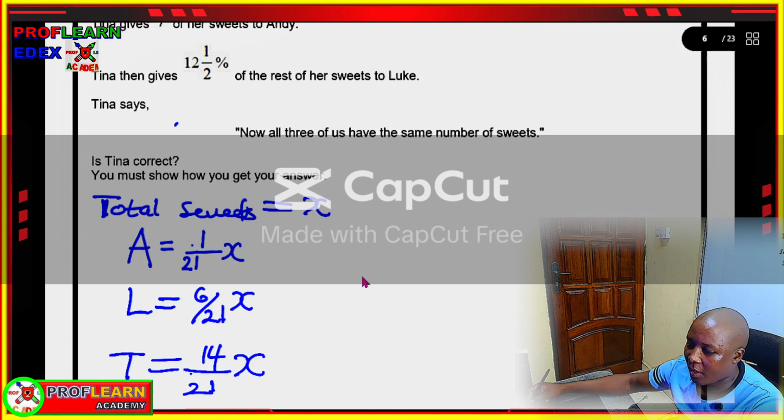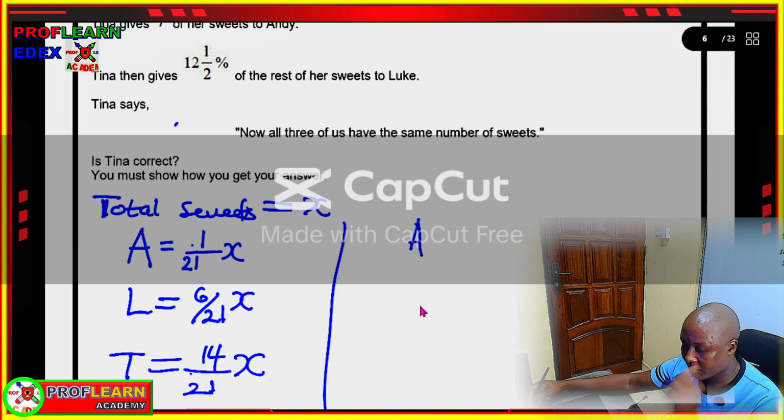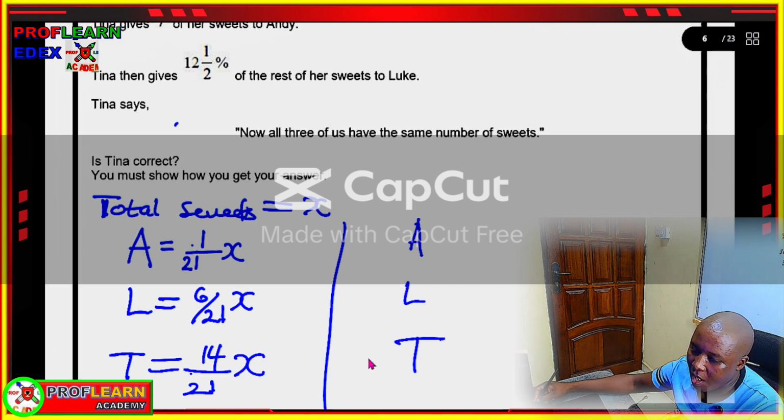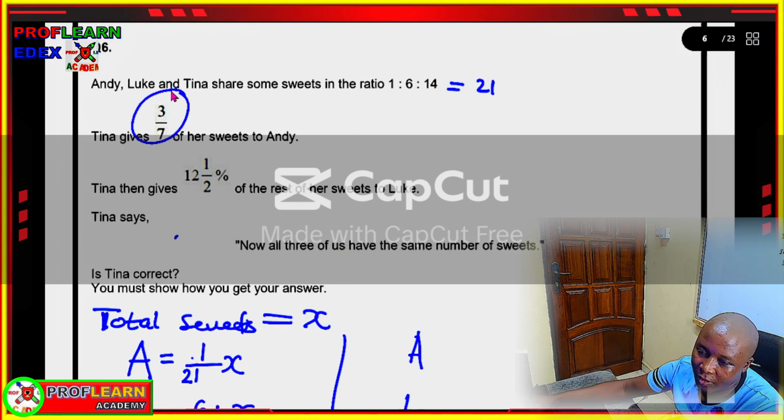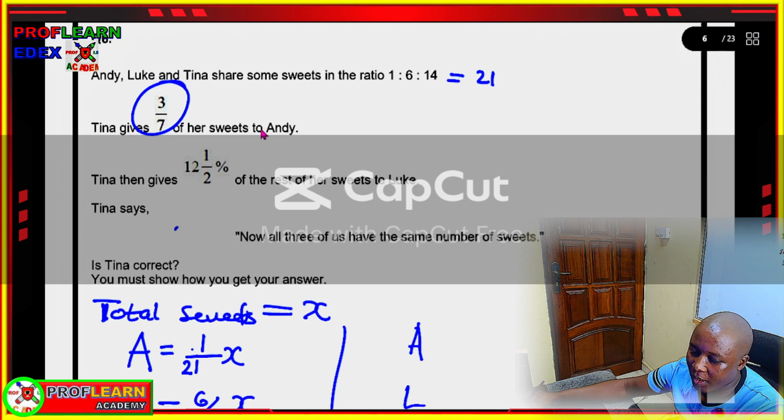So let's check. We shall have Hadi, Luke, and Tina. Tina is going to give 3/7 of her sweets to Hadi. So what does that mean? How many sweets?